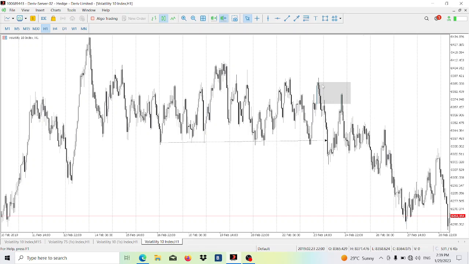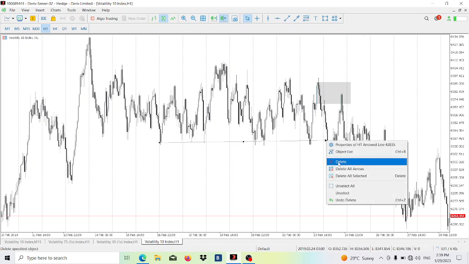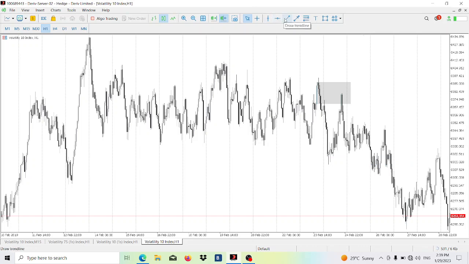Then you can see that since it broke these lows, now the market tapped into the order block.